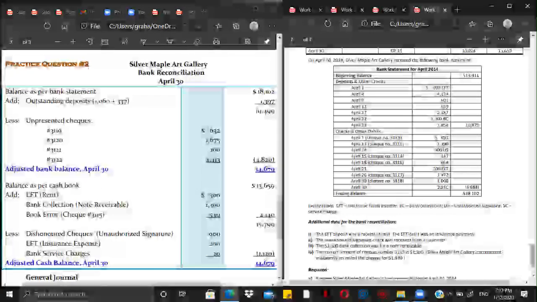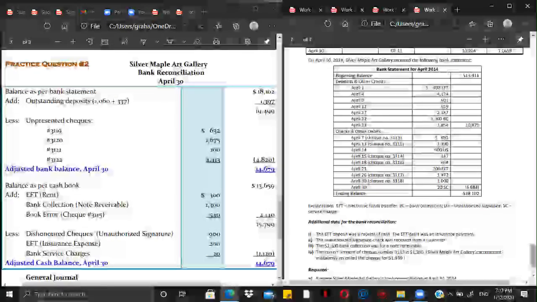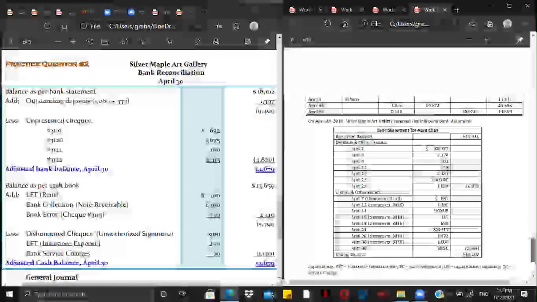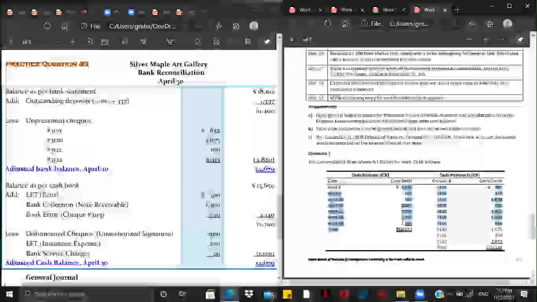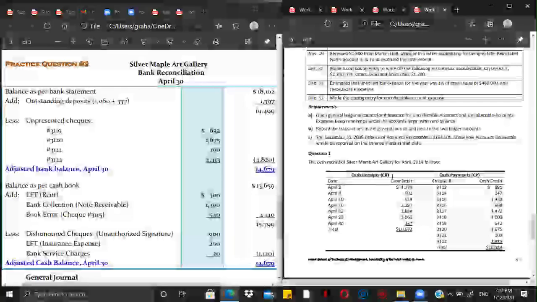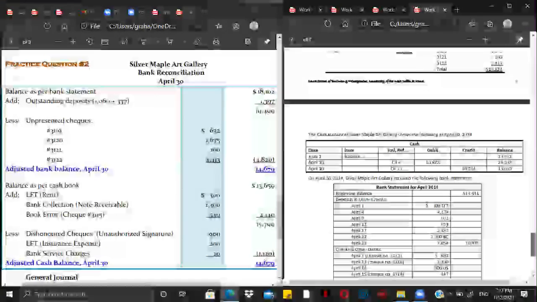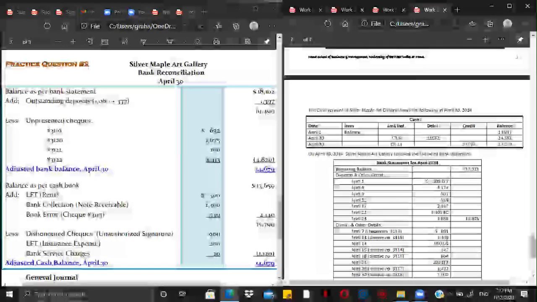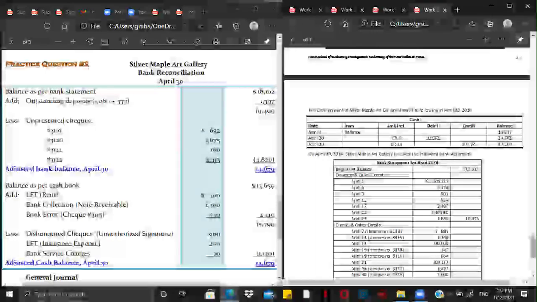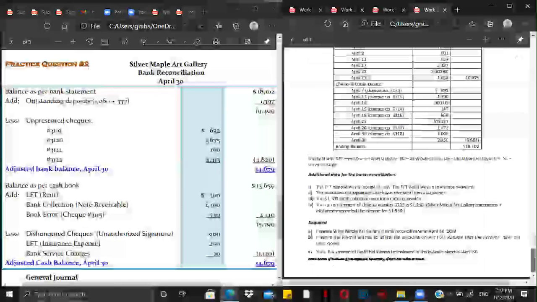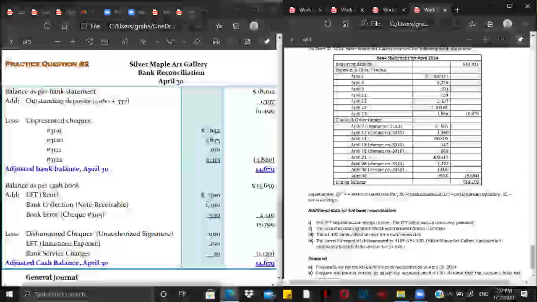We're given additional data, and we're asked to prepare Silver Maple Arts Gallery bank reconciliation at April 30th, 2014, and prepare journal entries. So before we go to the workings, we're going to go through the additional data.